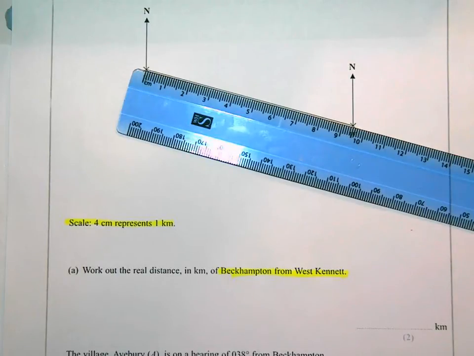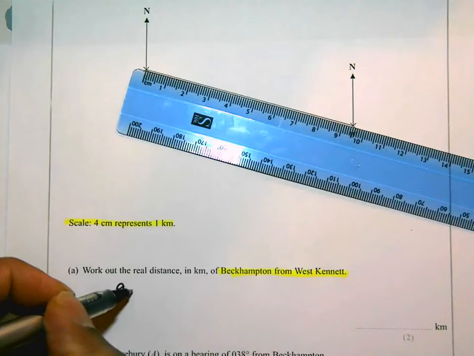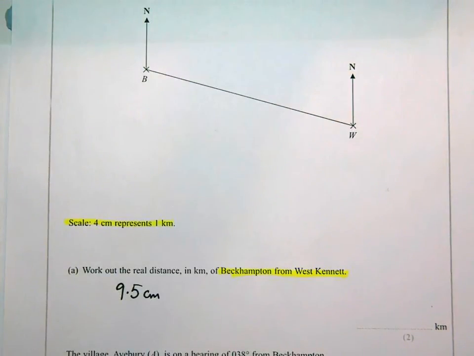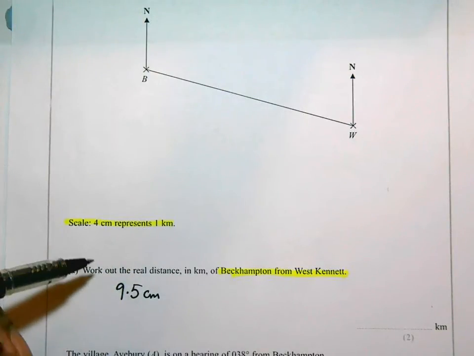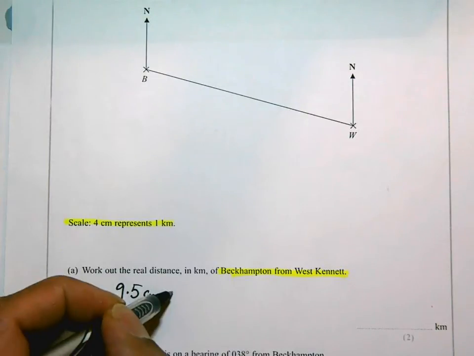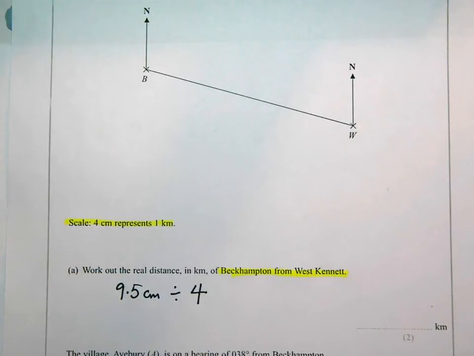So it's 9.5 centimeters. Now what they've said is 4 centimeters is 1 kilometer. So I need to give my answer in kilometers. To work out how many kilometers it is, I need to divide that by 4.